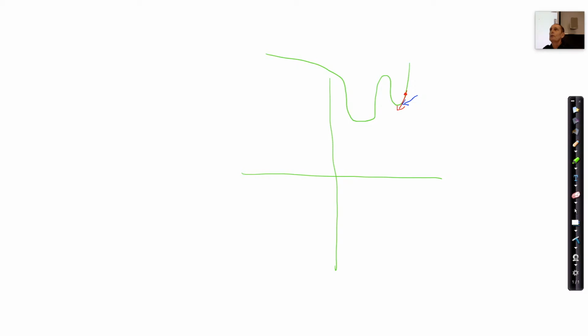Okay? So what our momentum says is we take our current velocity. I'm going to ignore the betas for a second. And then we add in our new gradient. And this will tell us, with our vector addition, where we want to go this time, right?